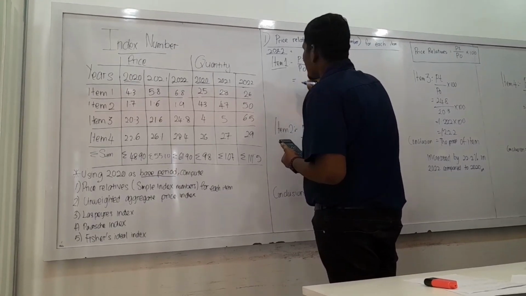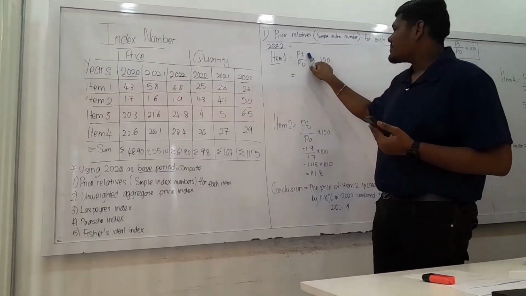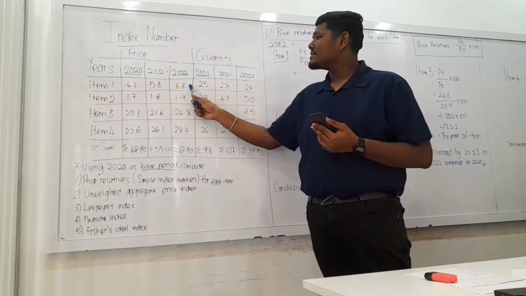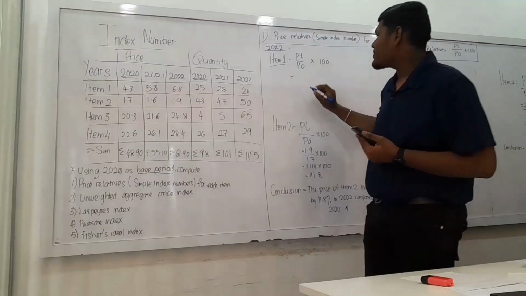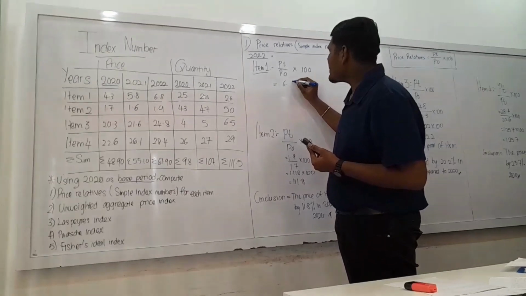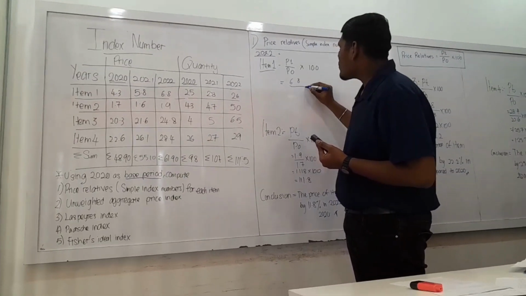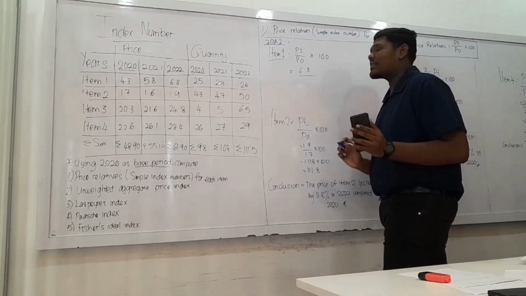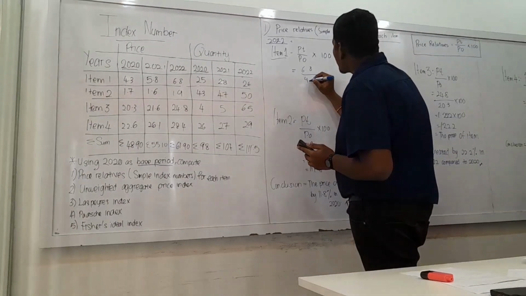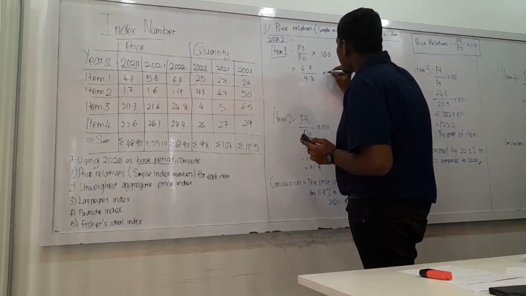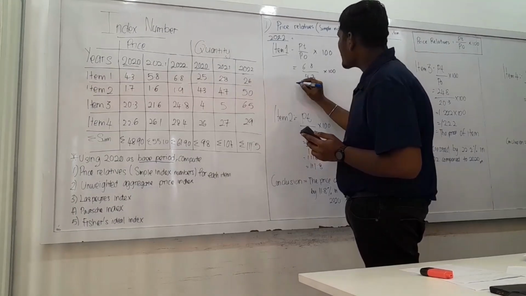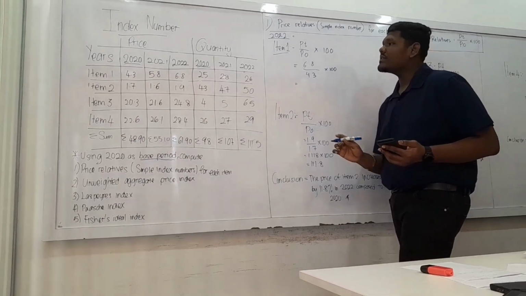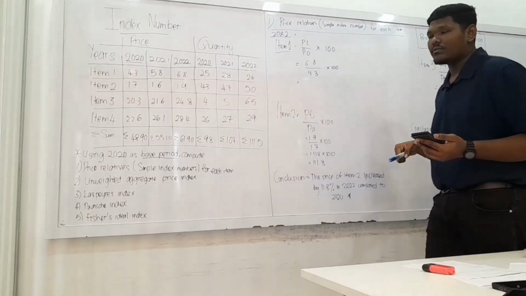Okay, so what is the PT? The current year. The current year is 6.8 for item number 1, 6.8 over 4.3, which is the base period, times 100 equals. Okay, let's do the calculation as usual, which we did in 2021.